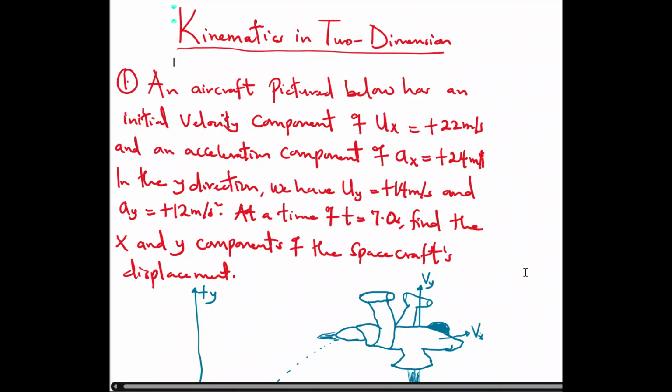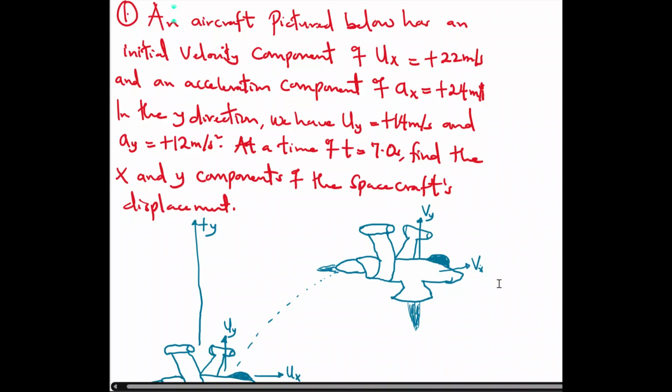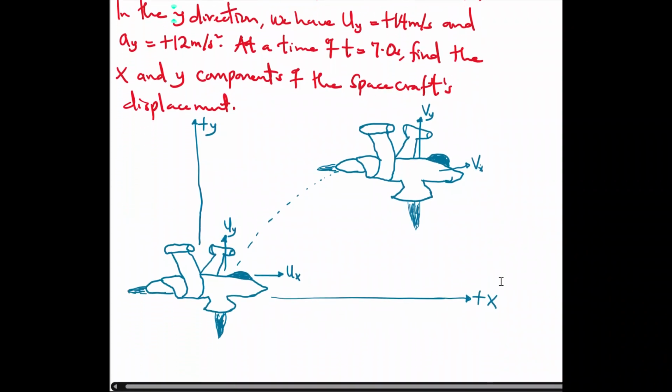At a time of t equals 7 seconds, find the x and y components of the spacecraft's displacement. This is the picture of the spacecraft, showing its direction in the y component and x component, okay?